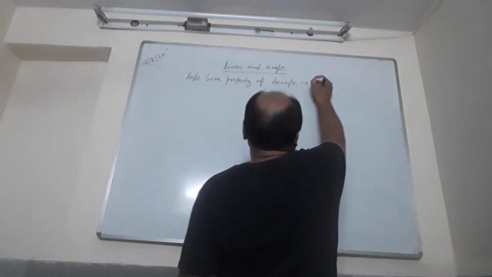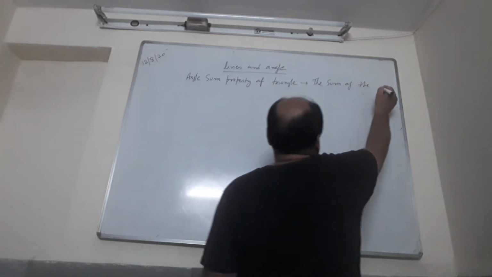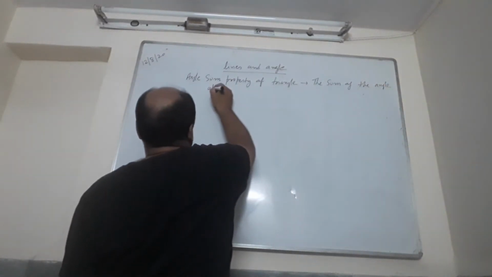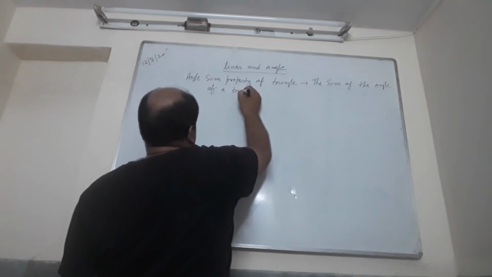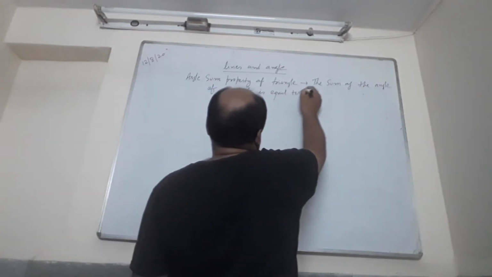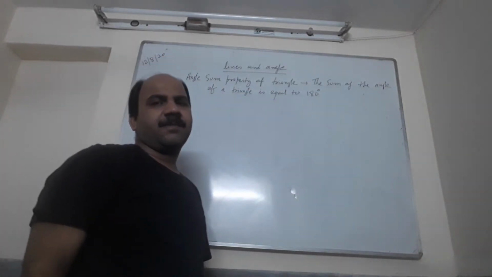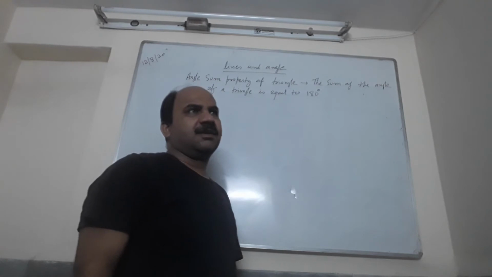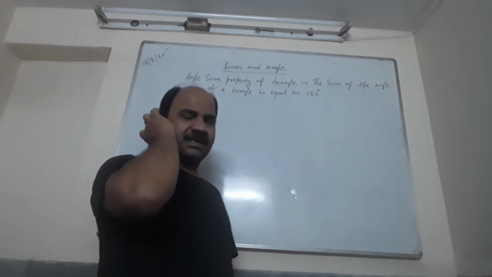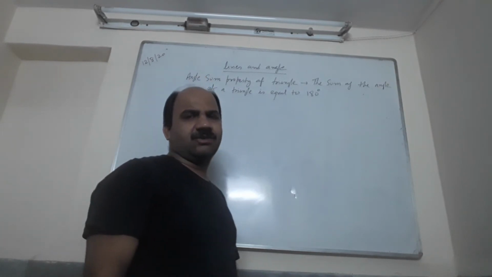The sum of the angles of a triangle is equal to 180 degrees. This will help to find the measure of the angle of a triangle if the third angle is not given, or if one angle and the other two angles are not given.